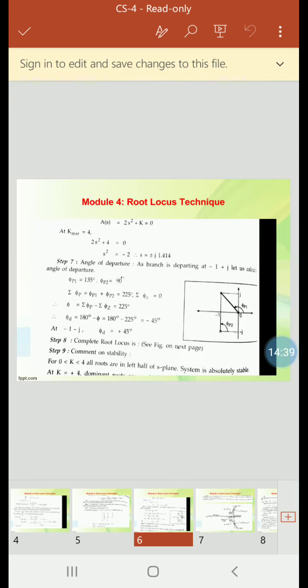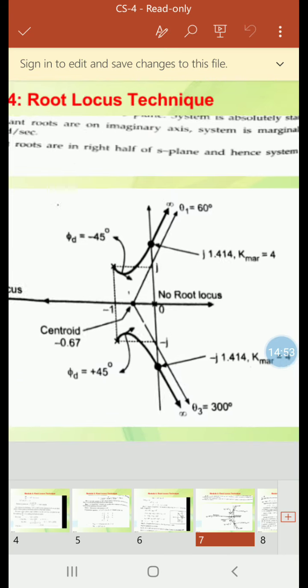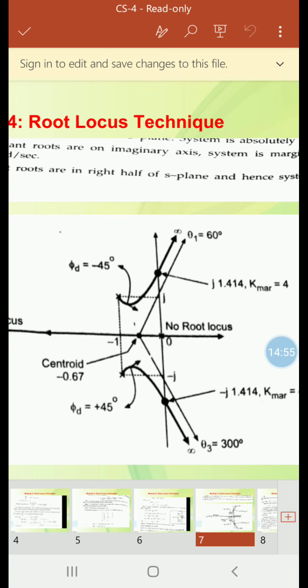Okay. The next step is to comment on stability. First we have found k marginal as 4. So if k is greater than 0 and less than 4, you see on the root locus that all roots are lying in the left half of the s plane, so the system is absolutely stable.